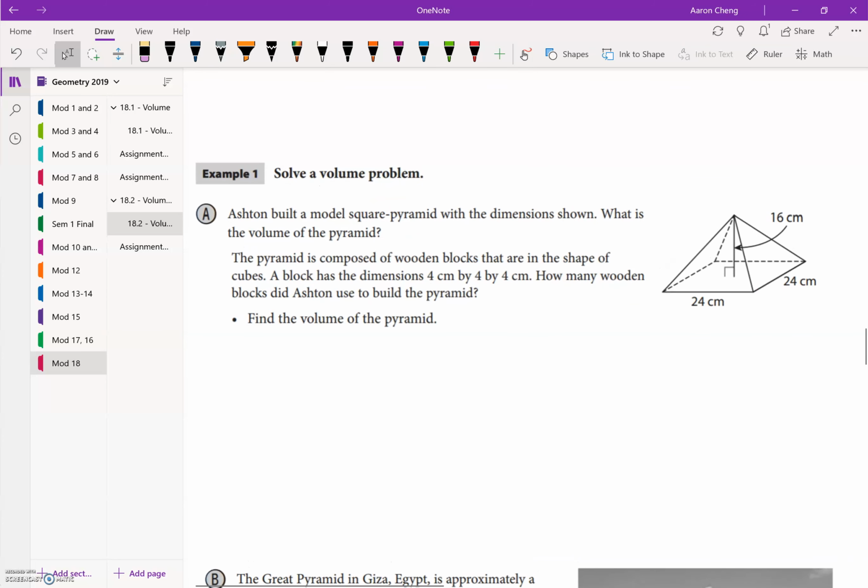It says here that Ashton built a model square pyramid with the dimensions shown. What is the volume of the pyramid? So our pyramid volume is going to be 1/3 area of the base times the height. It looks like we have a square pyramid as our base. So we're going to say 1/3 times 24 times 24 times 16.